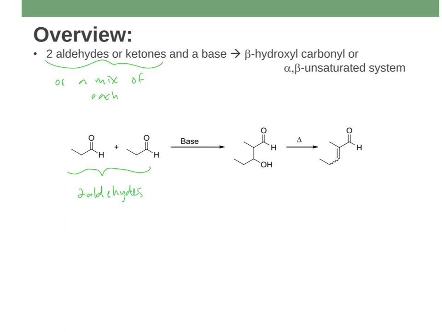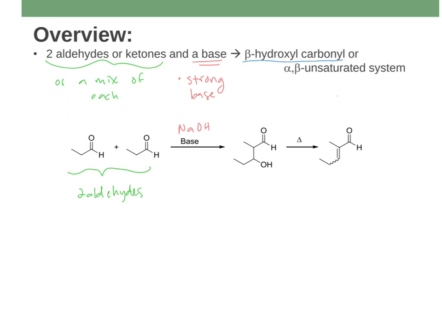You'll also need some sort of catalyst that's going to be a base. This can be almost any base, typically a strong base like hydroxide. I could have put in NaOH as my base in this case, and you just need a catalytic amount.